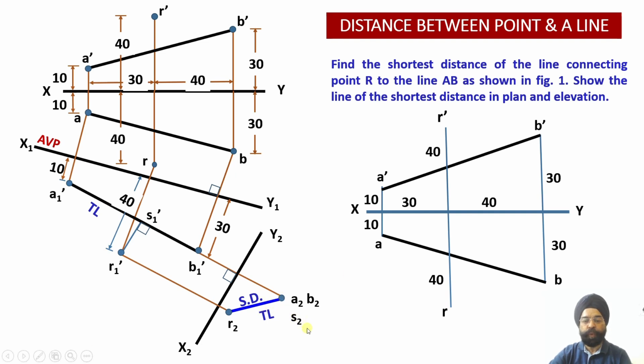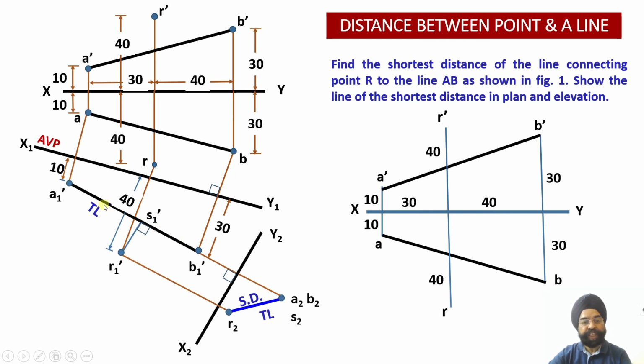So just see, this is point S. Now why have we written S2 alongside A2 B2? Because this point S1 dash might have lain over here, or over here, or over here.